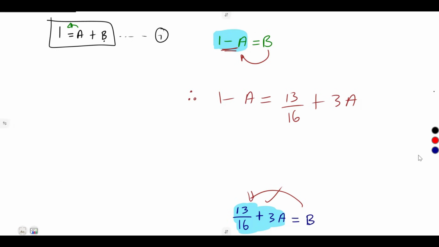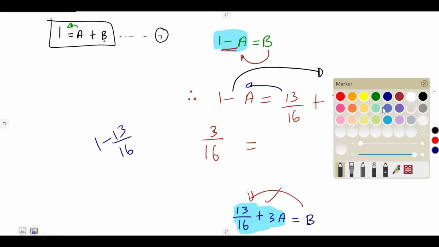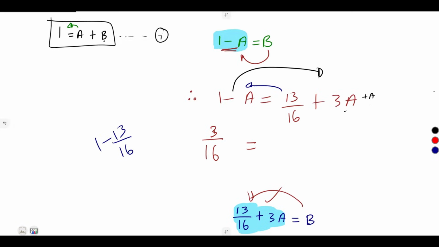I can take the 13 over 16 to the other side. So that's going to be 1 minus 13 over 16, which is 3 over 16. So that's 3 over 16, which is equal to, I take the minus a to the other side, so it's going to be positive a there. So 3a plus a is going to give us what? 4a. Okay, so that's it.